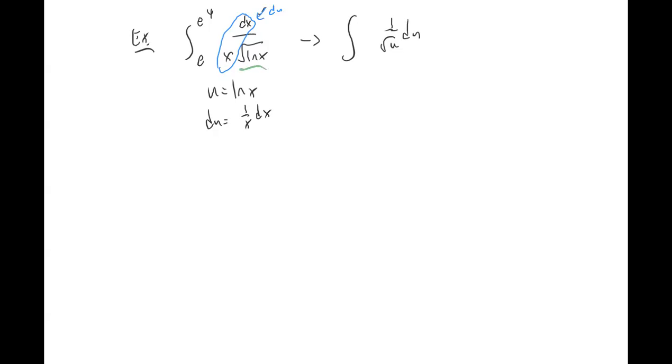Okay, what are the bounds? So look here, right? When x is e, what is u? Yeah, ln of e is 1, right? And then what's ln of e to the 4th?